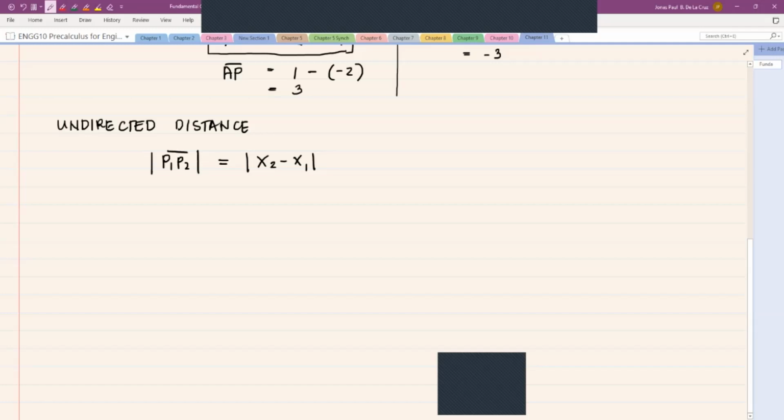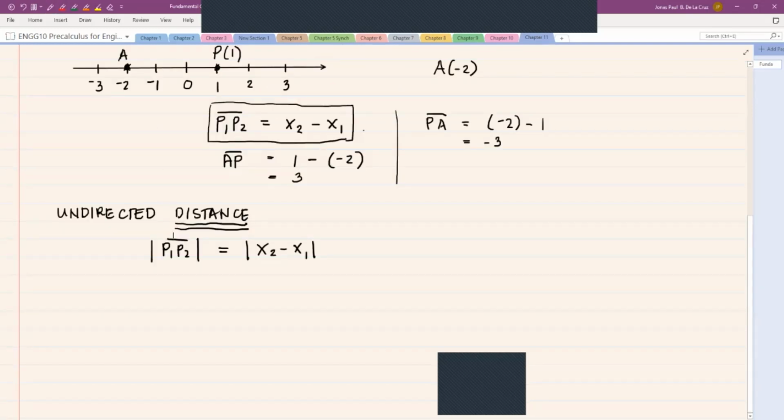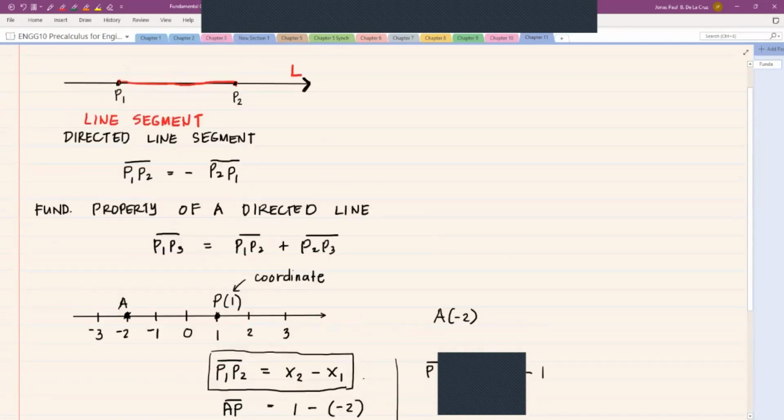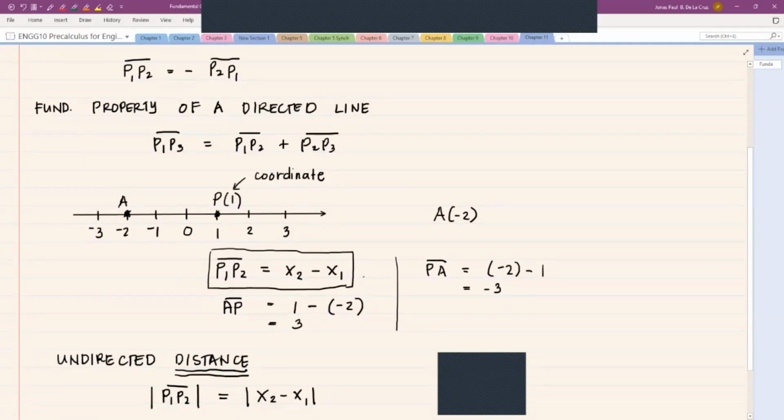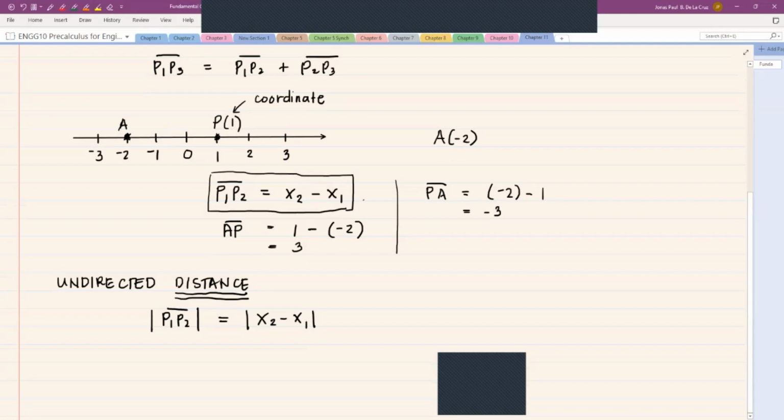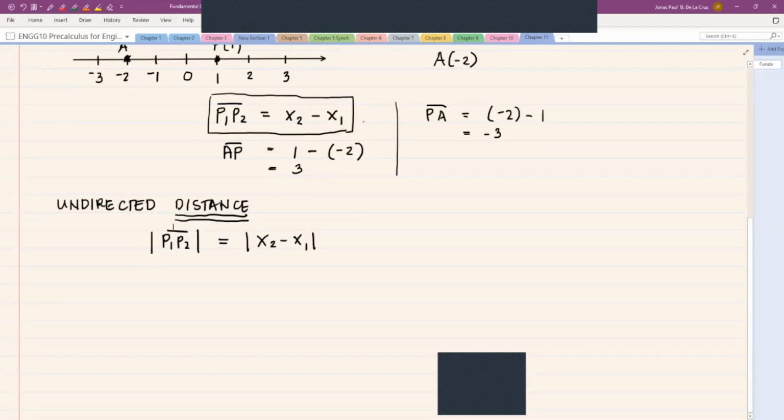In most cases, especially in physics, when we just say distance, what we are referring to is actually the undirected distance. In physics, the directed distance, which has direction, is usually called displacement. But here in analytic geometry, when I say distance, I mean the undirected distance.